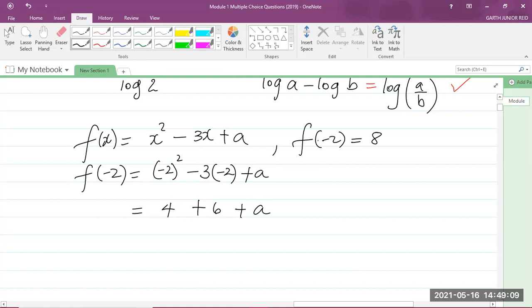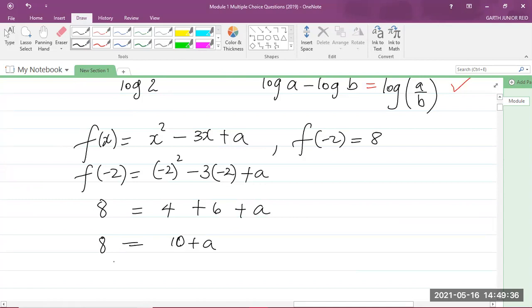And it told us that f of negative 2 is equal to 8. So it means that when I add all these numbers here on the right-hand side of the equation, I should get 8, all right? Good. So 8 is now equal to 4 plus 6 plus a. 4 plus 6 is 10, so that's 10 plus a. I'm going to carry the 10 over here on the left-hand side of the equation.